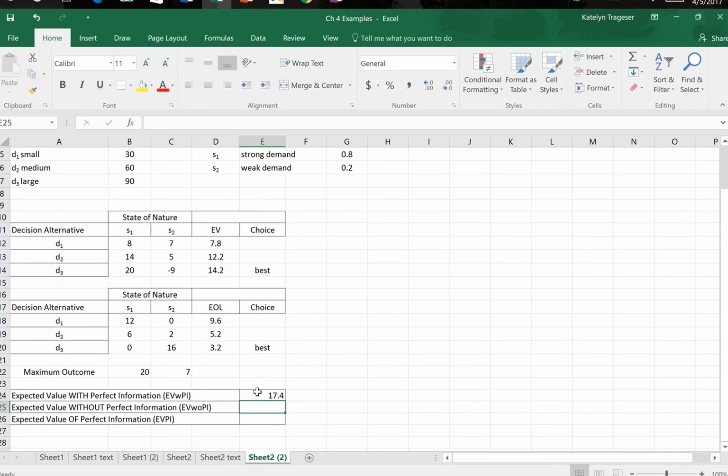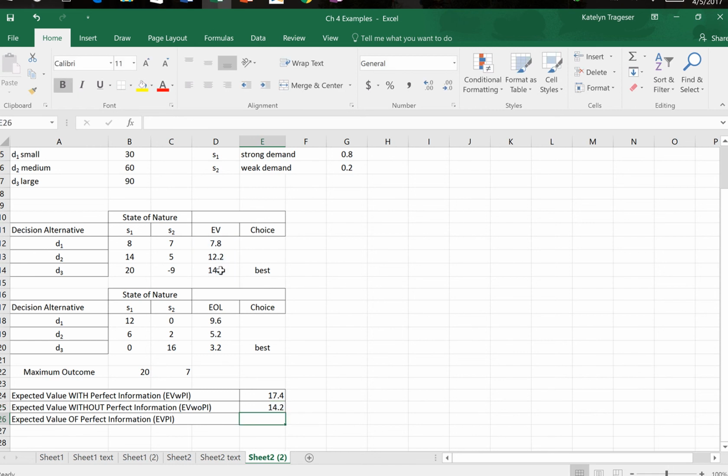So if we had perfect information, if these probabilities were spot on, our expected value with perfect information is $17.4 million. Now our expected value without perfect information is the maximum of these three expected values, or 14.2.